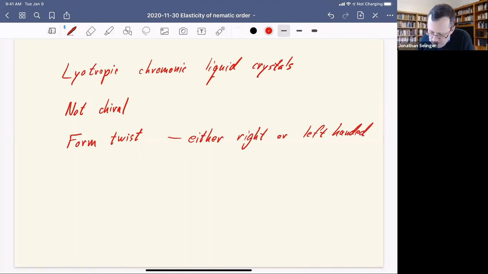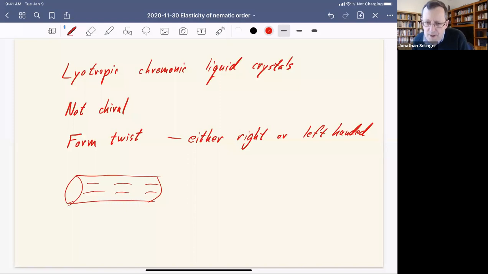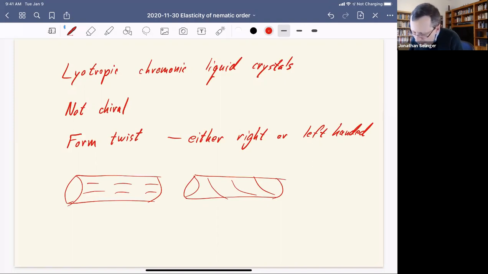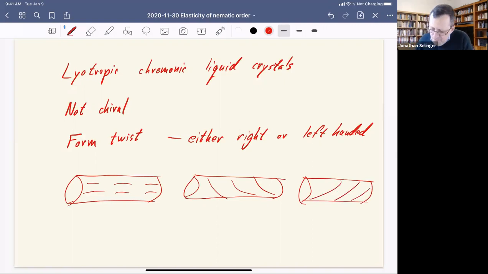That would show up in experiments where people put the liquid crystals into a small cylinder. So if you have some narrow cylinder like this, you might expect to see the director field just along the axis of the cylinder everywhere. But instead, it tends to form something that's winding around the cylinder. And it can either wind around in a right-handed way or in a left-handed way, like that.